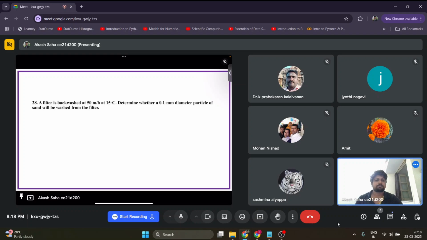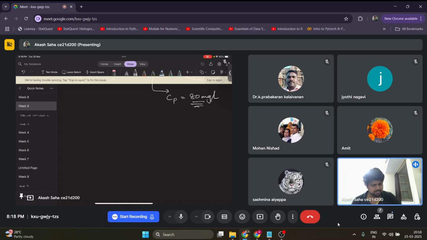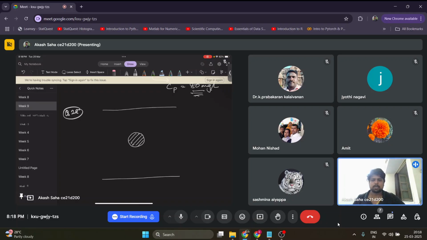Any idea? So forget about this question. Just say that there is a round shaped particle, and it is inside some water system. So what are the forces that will be acting on the particle?